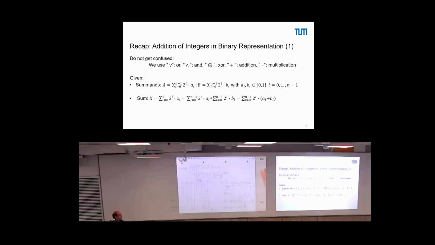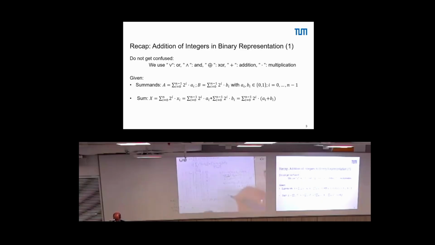Okay? And this is how we usually write this. So we can now draw a circuit of that. We have the inputs AI and BI XOR together. We have AI and BI ANDed together. That is this one here.